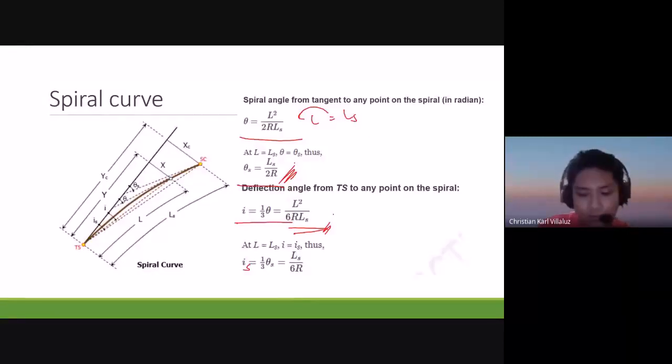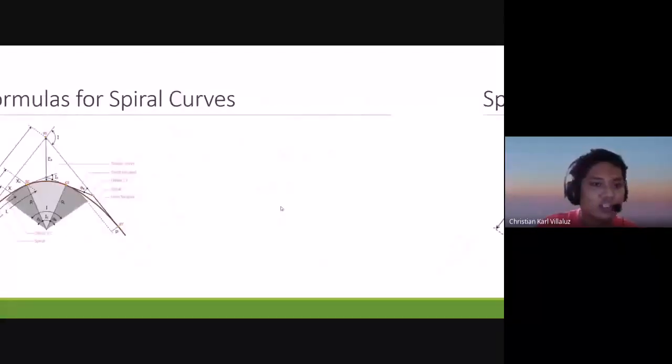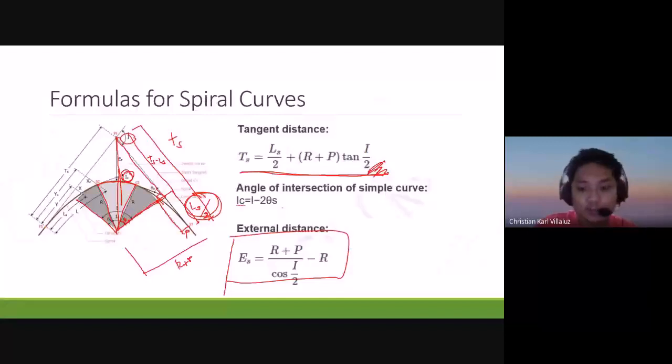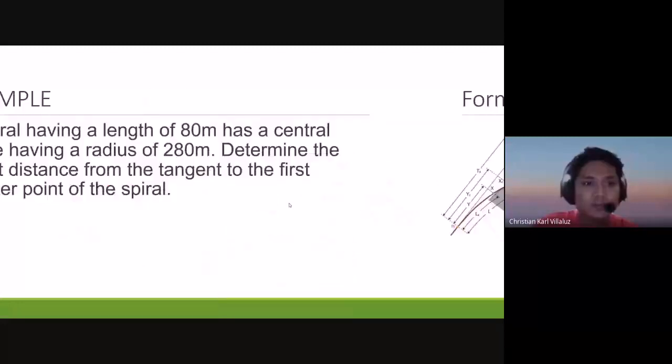So, it's a shame if you don't memorize this formula because isa din to sa favorite na kunin na problem sa board exam, the spiral curve. So, yun. Memorize nyo yan, class. Though, kung face-to-face talaga tayo, papamemorize ko talaga to sa inyo. Okay, so, sa ngayon, just be familiar with the formula. Okay? Sige, example na tayo.